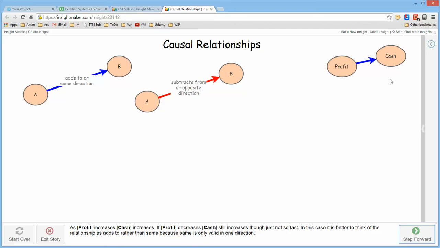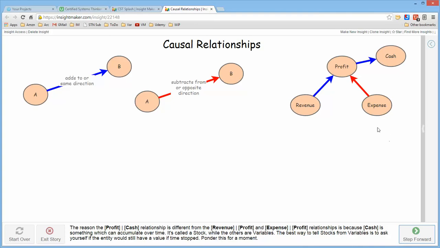Usually takes even longer to get rid of it. So that while the trash collection happens on a day-to-day basis, the trash in the dump accumulates over time. So when you look at this whole set of relationships, you see that the difference between revenue and profit is instantaneous, and between expense and profit is instantaneous, but between profit and cash is an adds to relationship.